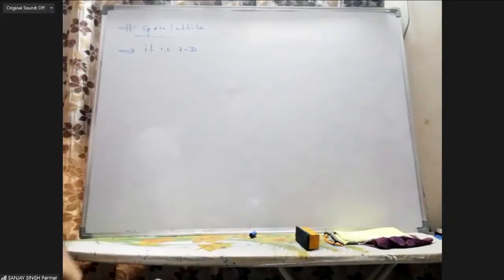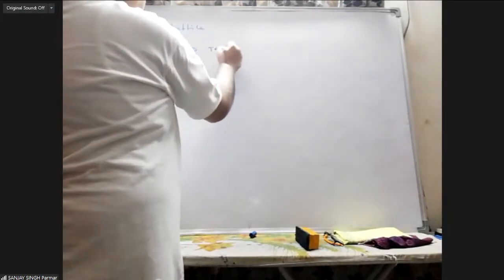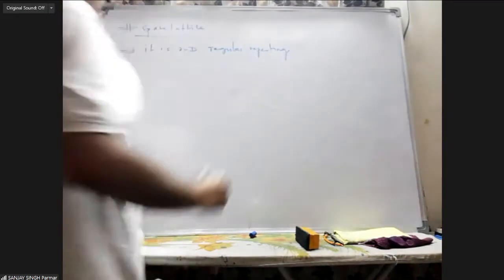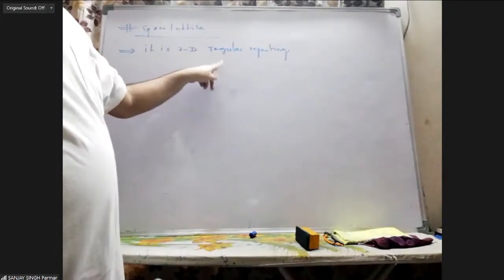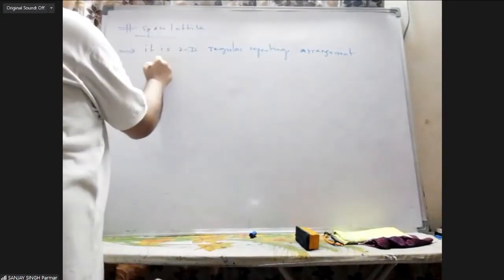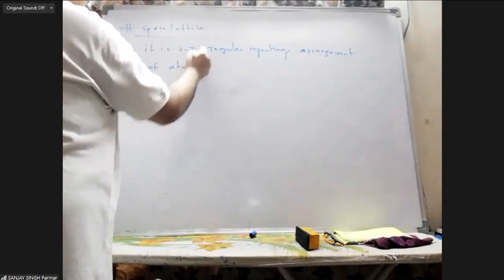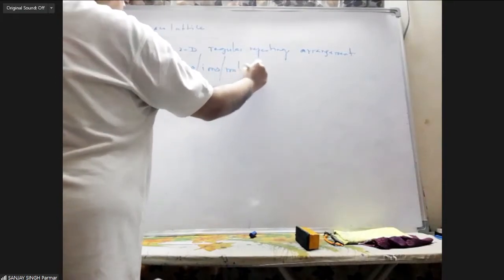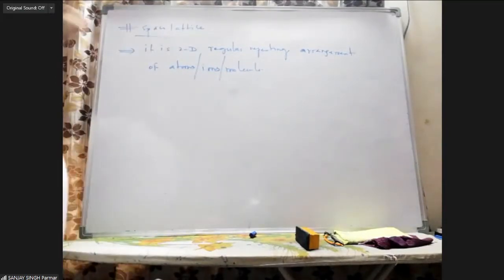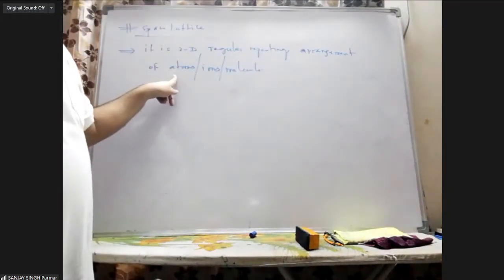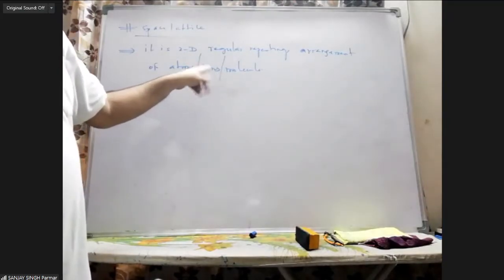It is a two-dimensional regular repeating arrangement of atoms, maybe ions, or maybe molecules.